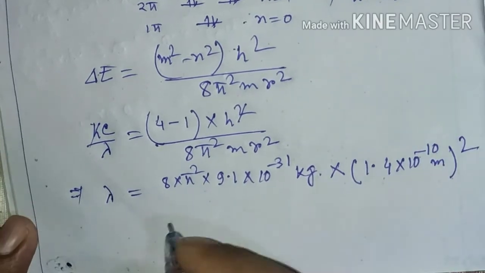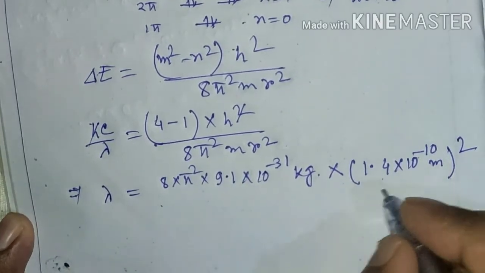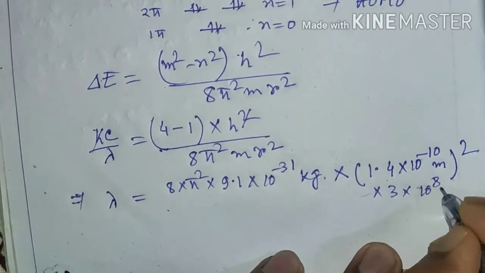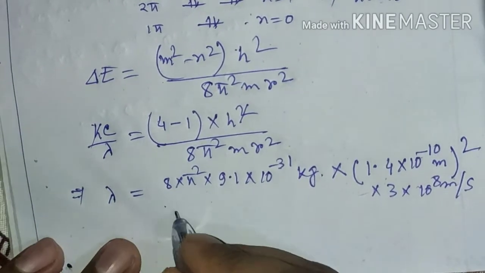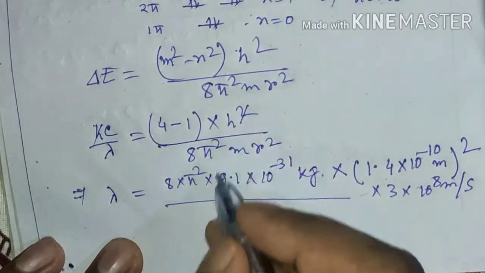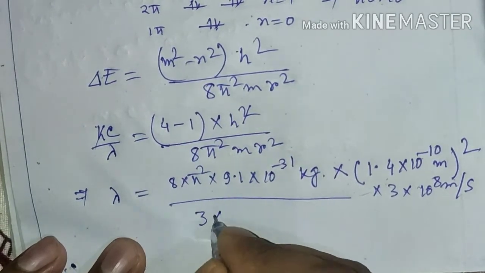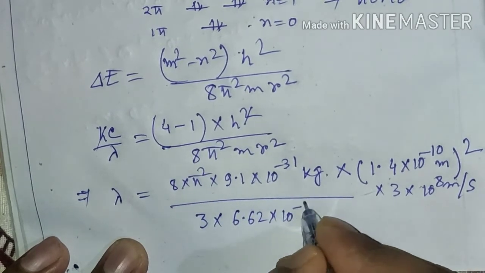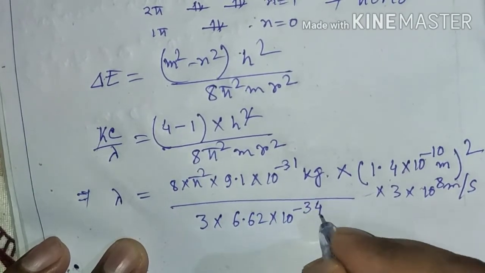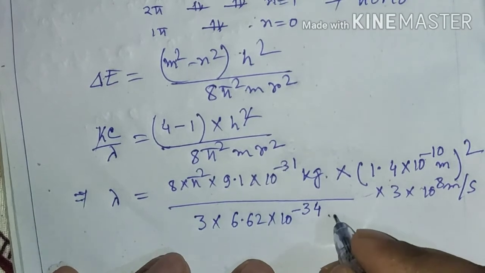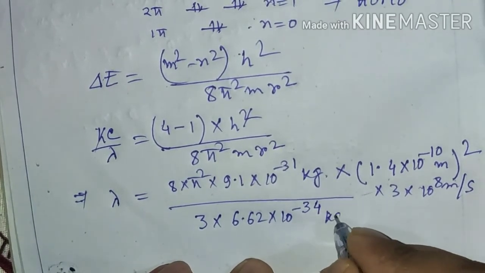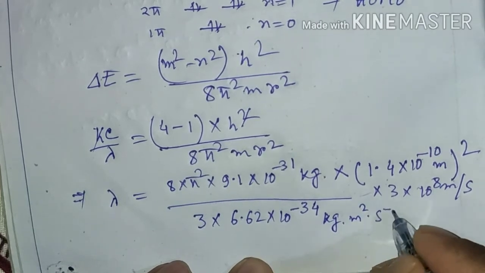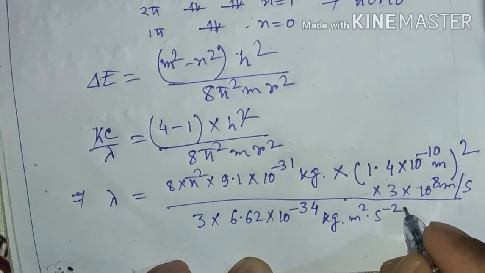Its square, into c, which is 3 into 10 to the power 8 meter per second, and the value of h, that is 6.62 into 10 to the power minus 34 joule second. In place of joule we can write kg meter square second to the power minus 2, into second.